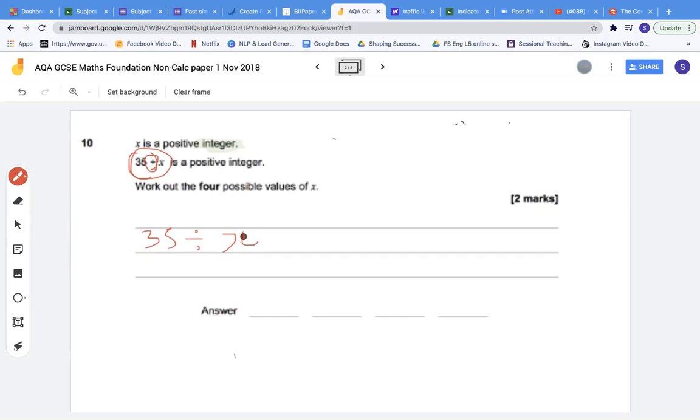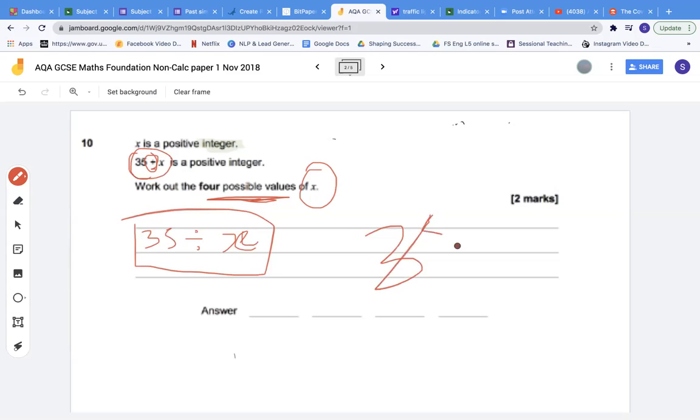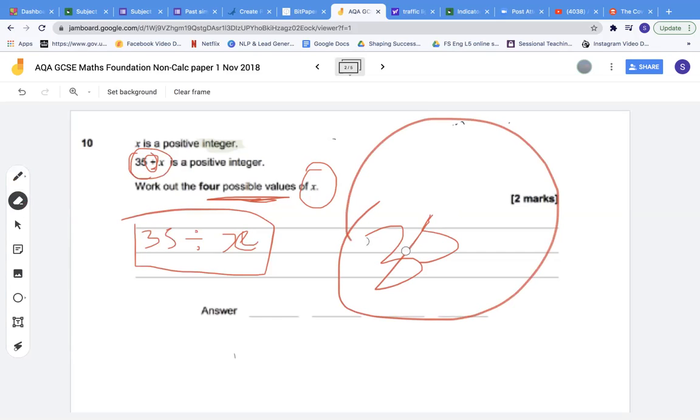What they want you to do is find out the value of x. What are the 4 possible values of x? Now, I want you to have a really good think about the number 35. My clue is, what kind of factors can go into 35?